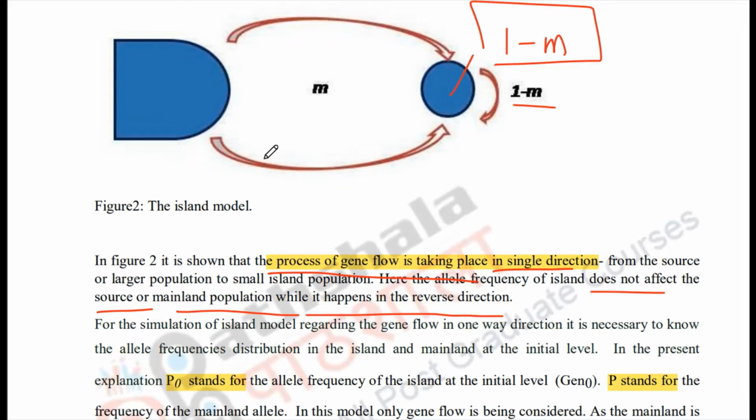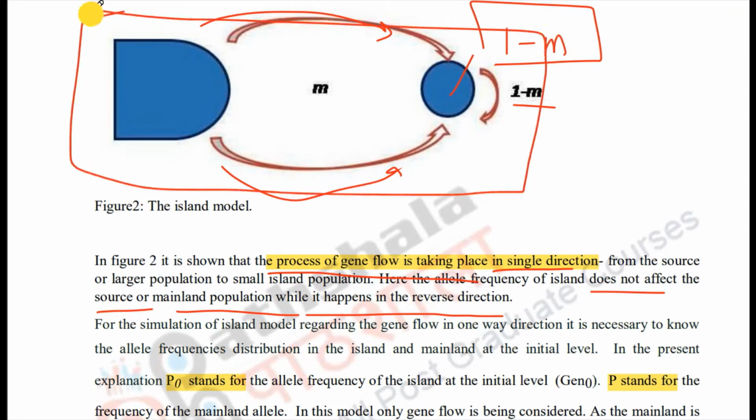Because it's only flowing from the mainland to the island, the gene pool or the allele frequencies of the mainland is going to be constant unless it has other forms of gene flowing from other sources. In this model, the allele frequencies remain constant.